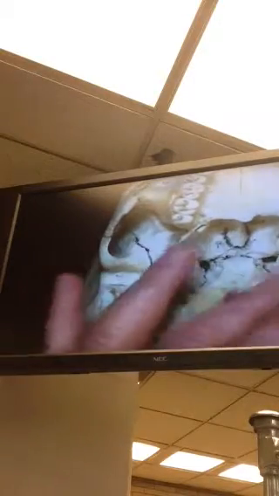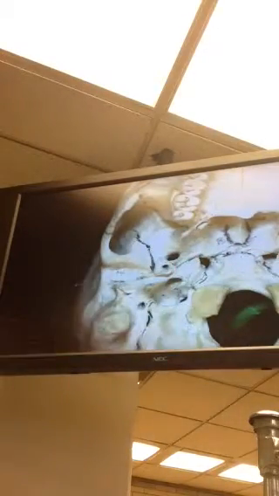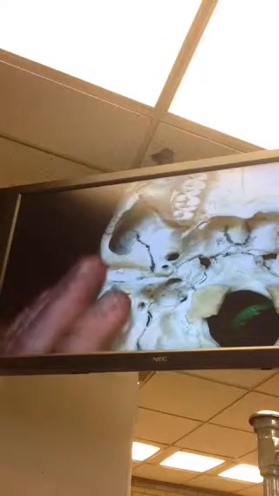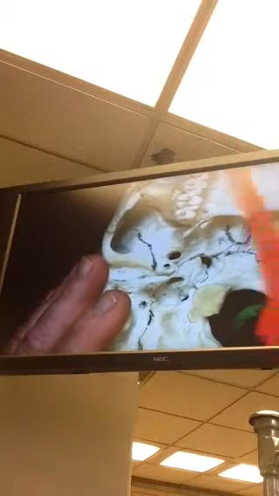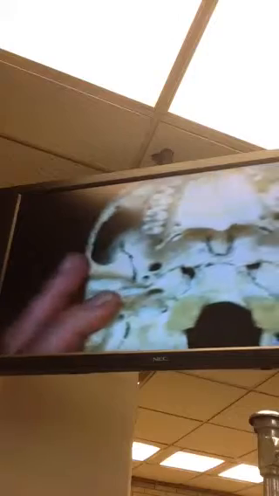And just in front of the jugular foramen is the external opening of the carotid canal, where the internal carotid artery enters the skull. Not the external carotid artery, but the internal carotid artery enters the skull. Now, there's another opening here that you need to know that lies between these two foramina.